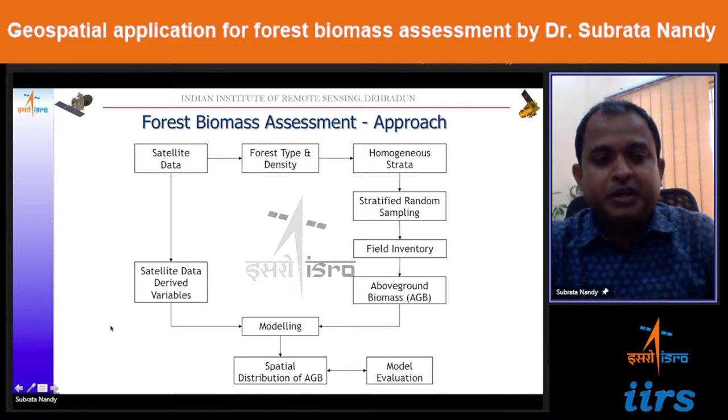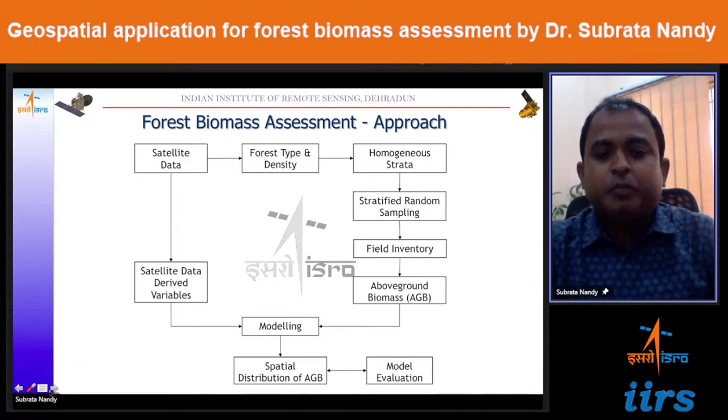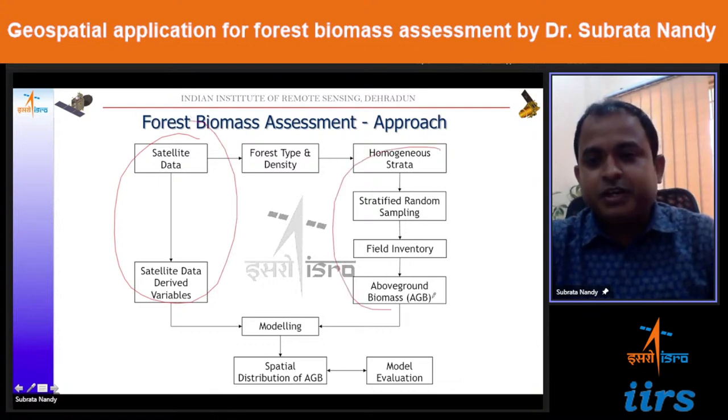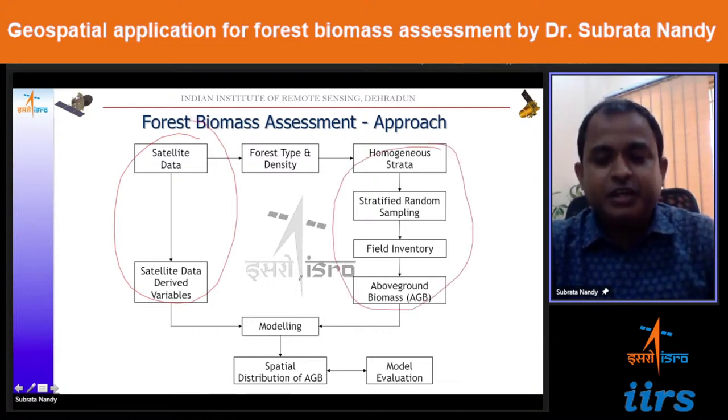So one component is satellite data, with its variables. The other part is the field data, and then these two are combined in various modeling approaches to map the spatial distribution of biomass.